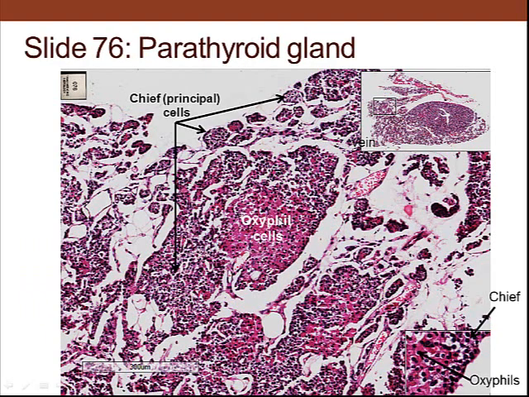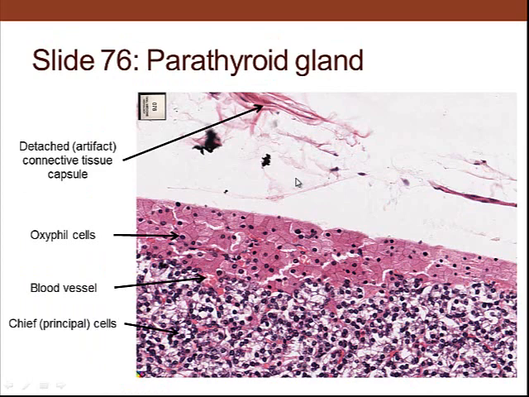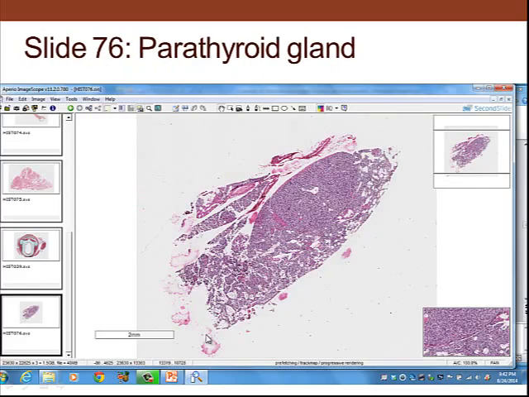Also, we see the parathyroid gland, and we can see some oxyphils and some chief cells. And that's what we'll see. You see the oxyphils, the vasculature, and the chief cells. The chief cells produce the parathyroid hormone.